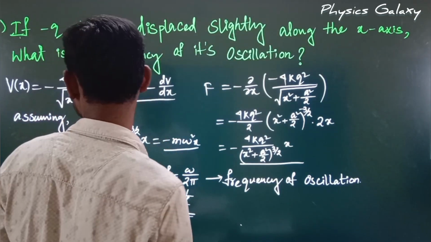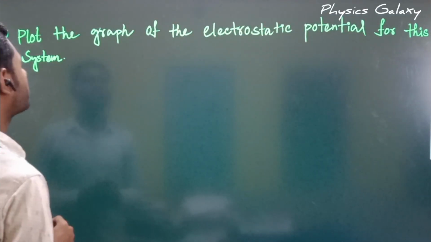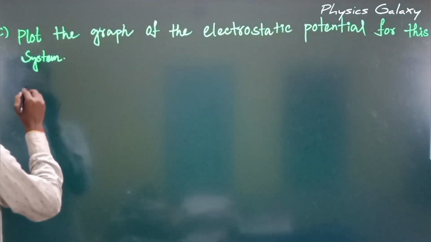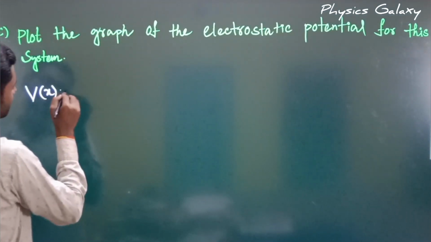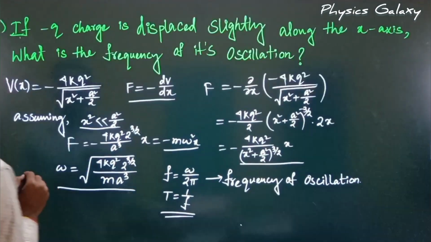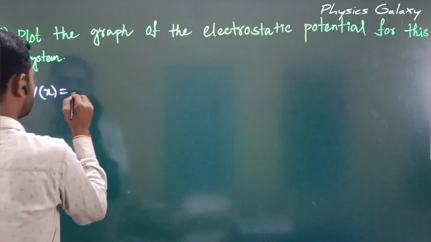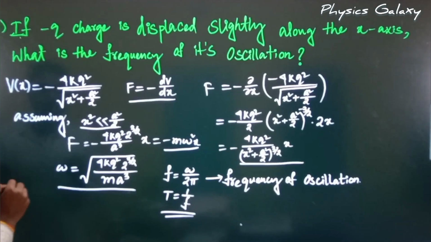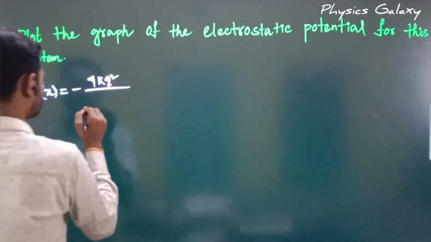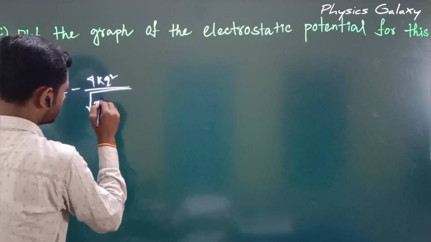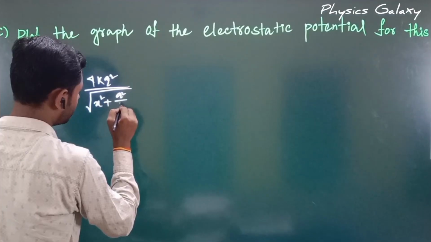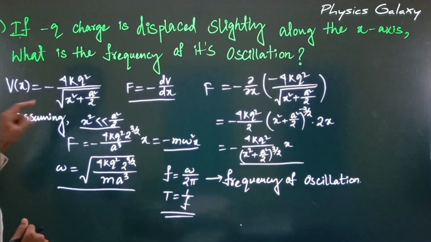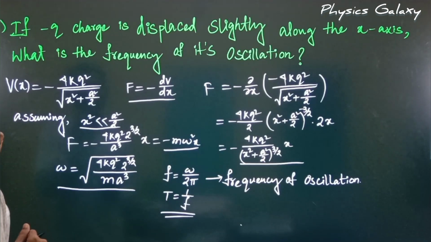This was my second question, and then the next question was to plot the graph of the electrostatic potential for this system. The electrostatic potential was V(x) is equal to minus 4kq square divided by under root of x square plus a square by 2.